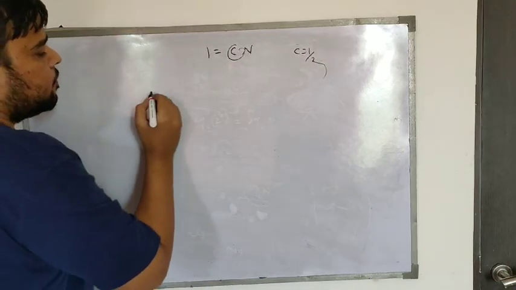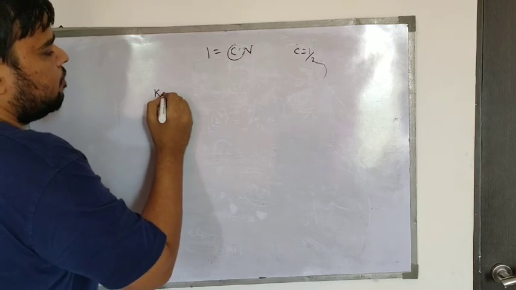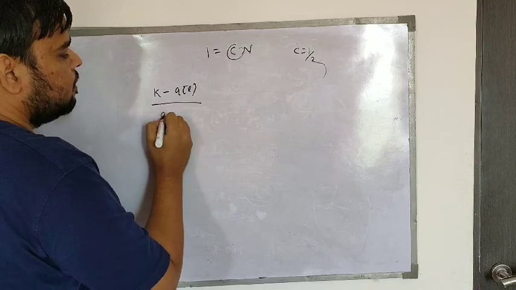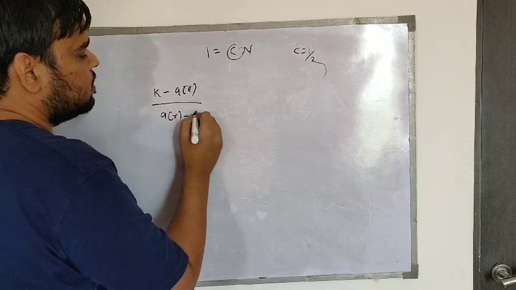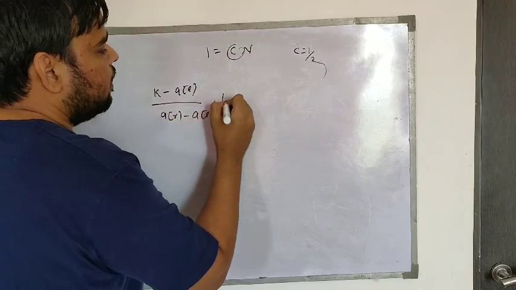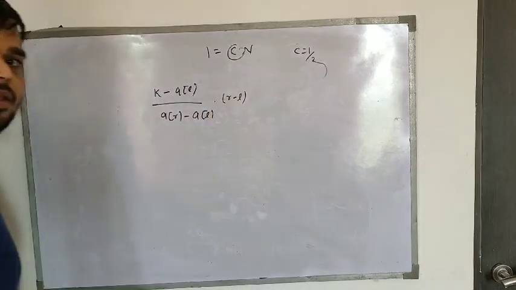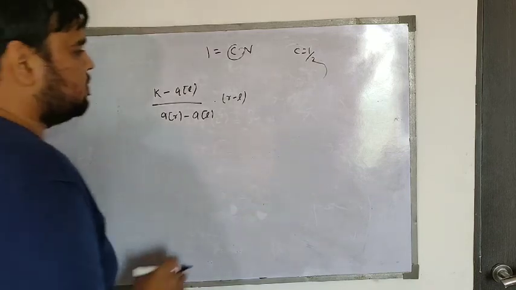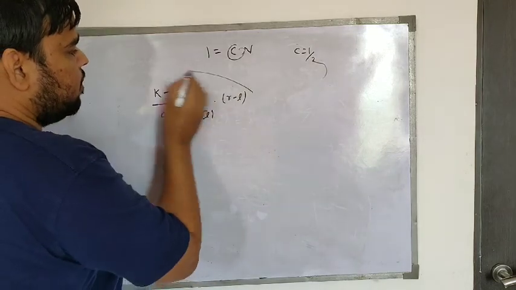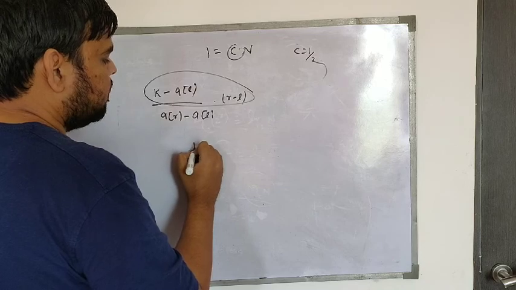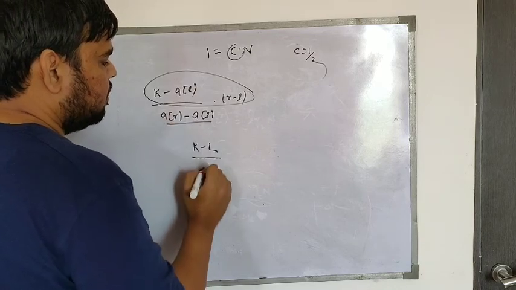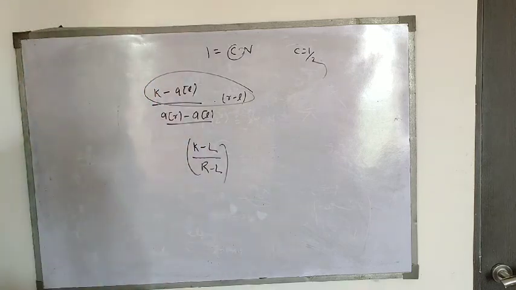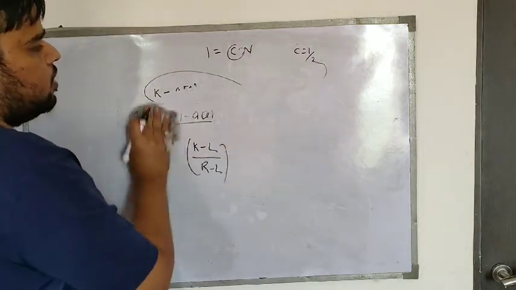This C is your K minus AL, over AR minus AL, and R minus L. For simplicity, to do the calculation, I am writing it like this: K minus L and R minus L. For simplicity, we will replace this later. So what does it mean?